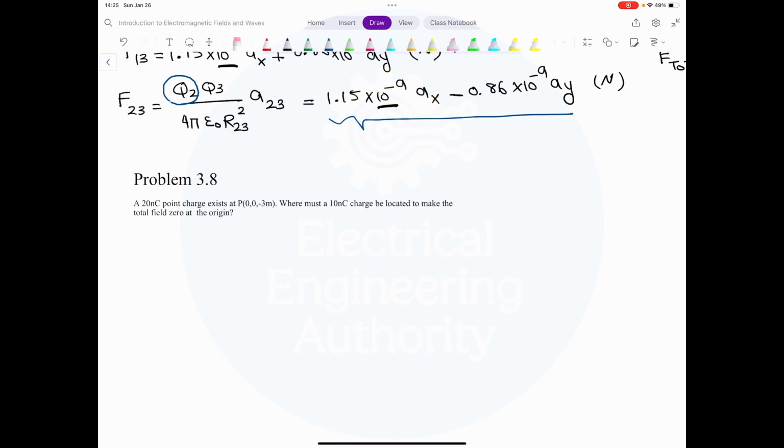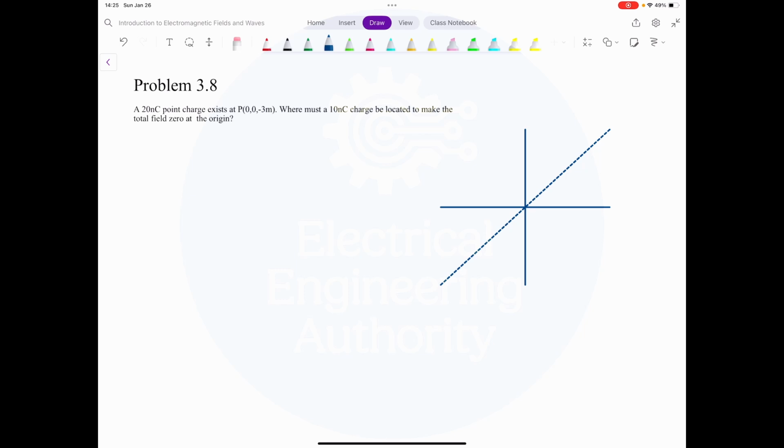This time, we're giving you, let me draw this way. So, we are giving you a point charge, actually, y and x, that is point P. It is at 0, 0, -3. So 0, 0, -3 is -3 on the z-axis, right?